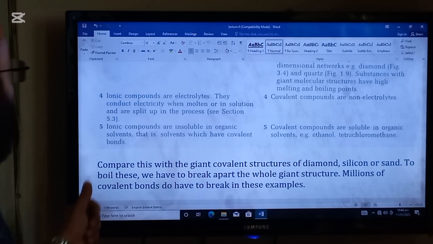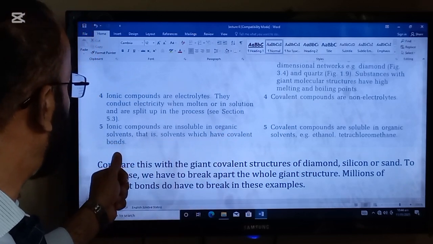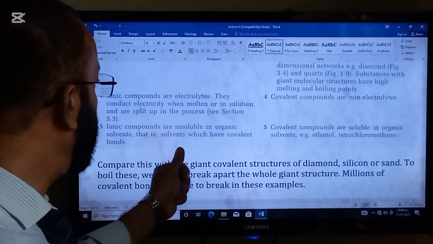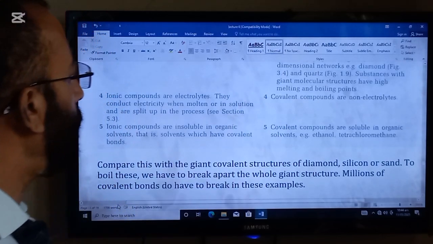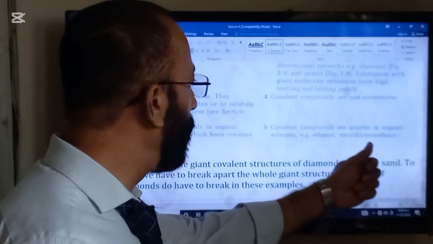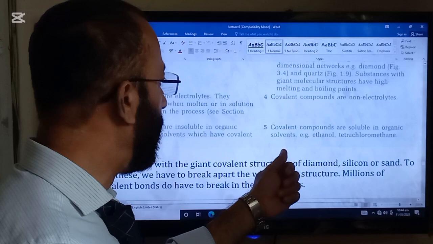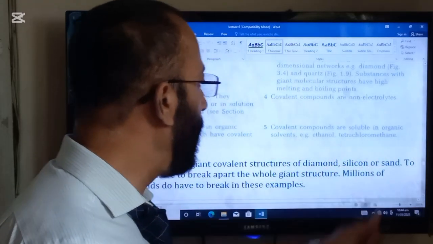Ionic compounds are insoluble in organic solvents, that is, solvents which have covalent bonds. Whereas covalent compounds are soluble in organic solvents, for example, ethanol, tetrachloromethane.